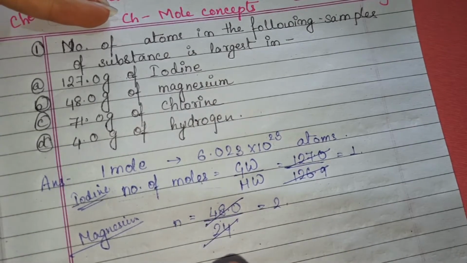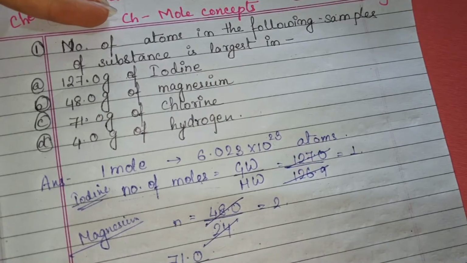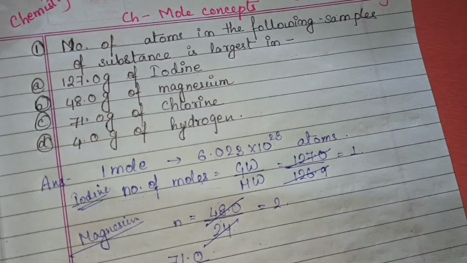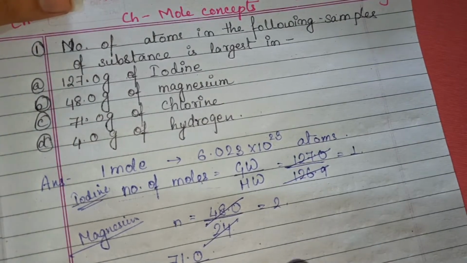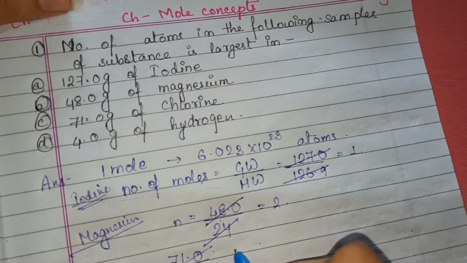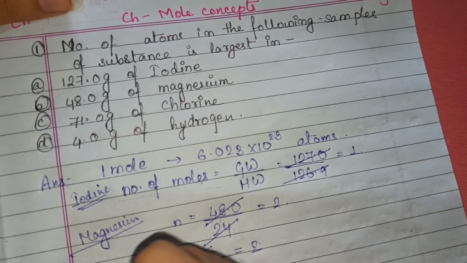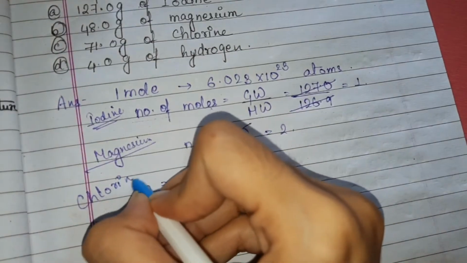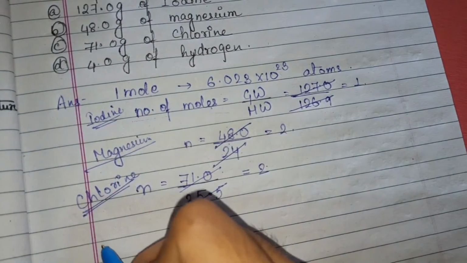Let's solve for chlorine. The number of moles for chlorine: 71.0, and the molecular weight of chlorine is 35.5. Again it will be 2. That's for chlorine, I'm so sorry. Now let's move on to hydrogen.